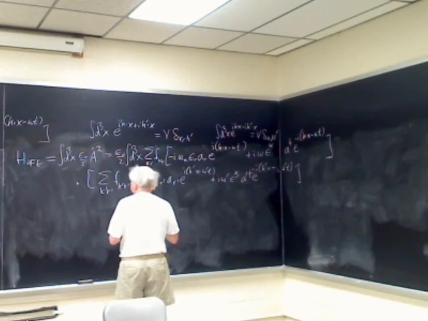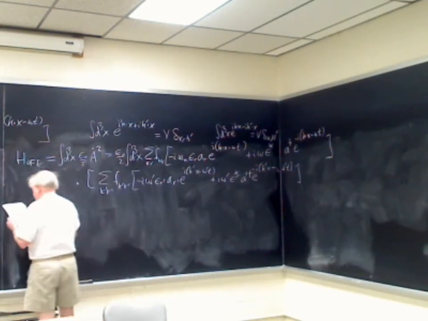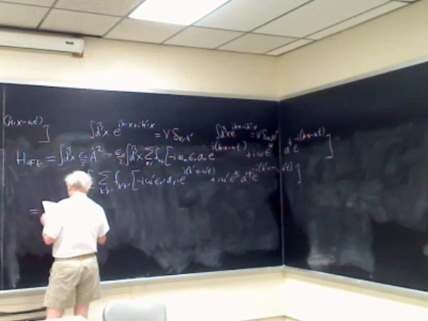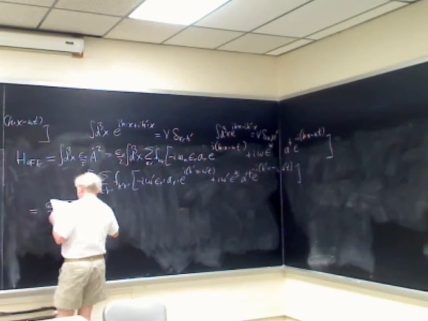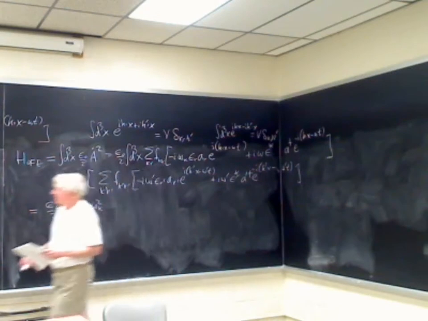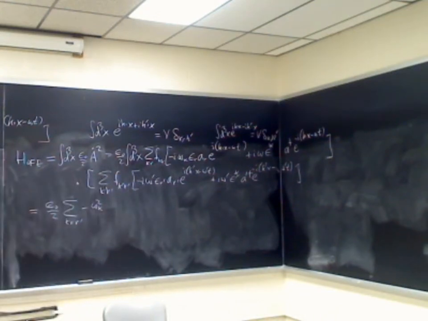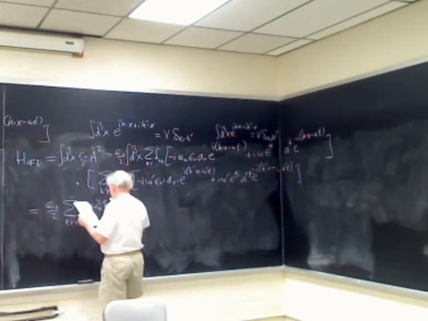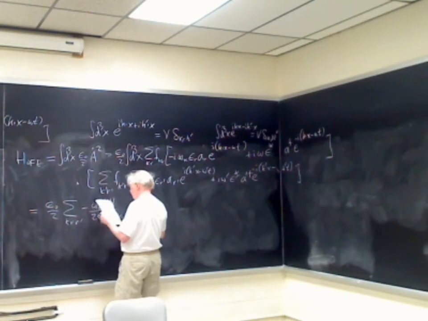But what we get is still a mess, because this is then equal to three terms. ε₀/2 sum on k, r and r', minus ω_k squared. I'm writing in all these factors, turning f into these h bar things, and that's h bar V over 2 ε₀ V ω_k.